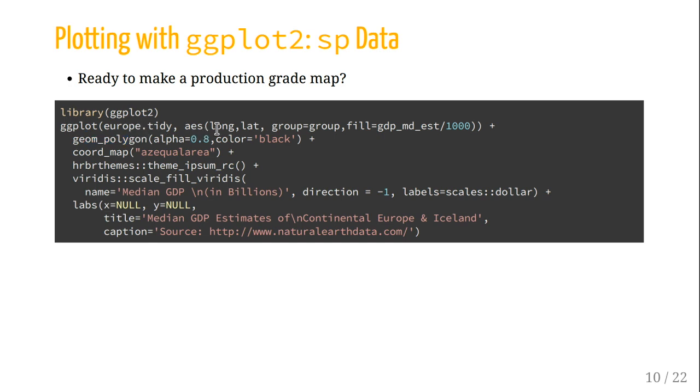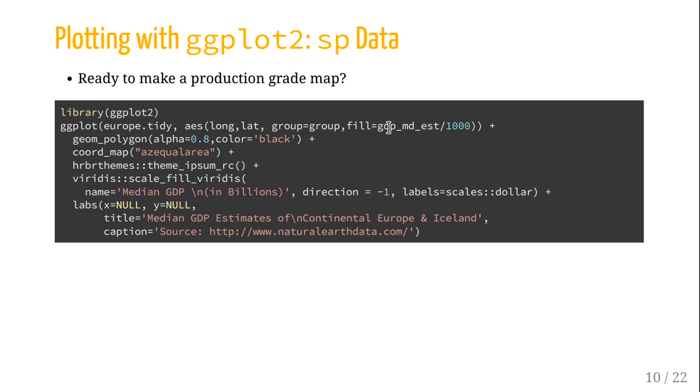Now I need to tell it which is the latitude, which is the longitude, and what the grouping is, so that all polygons are correct, and what sort of chart I am making. I'm making a choropleth map, so the color of the polygon will be derived from a value in the attributes.